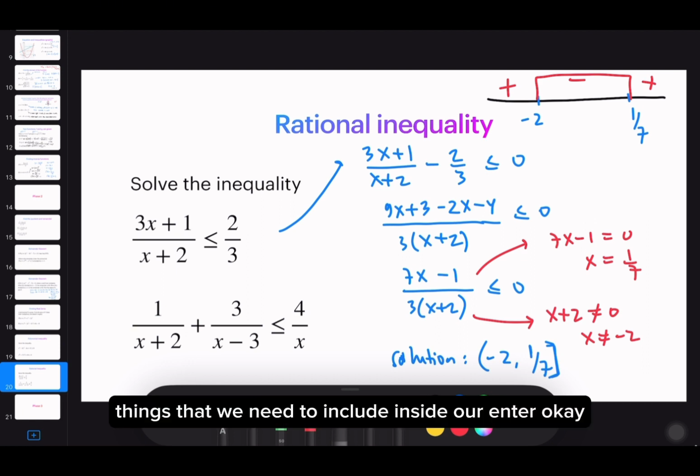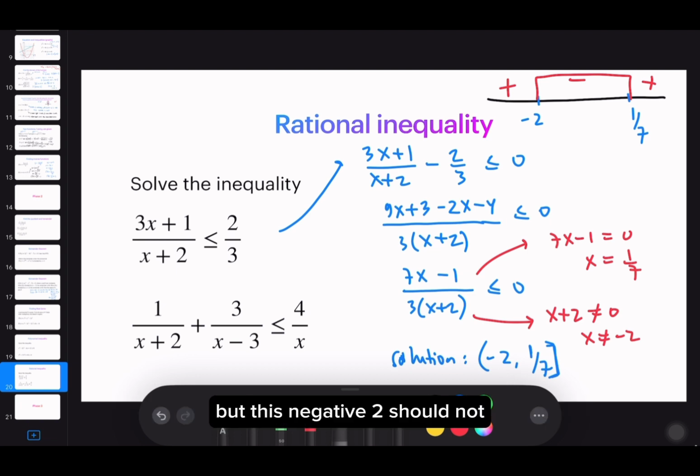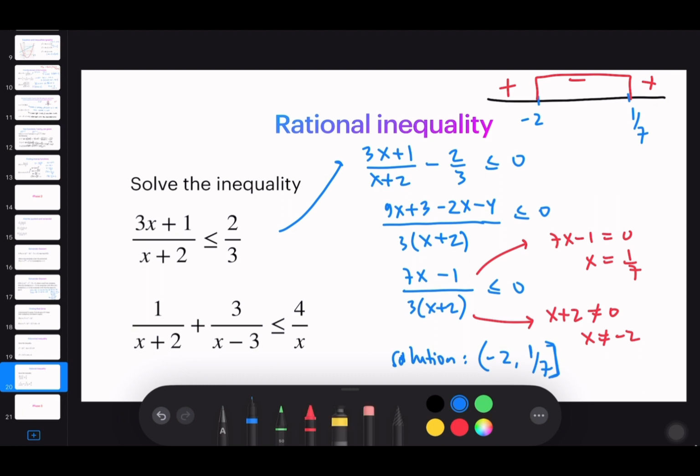Two things that we need to consider inside our interval. That's why we have this. But -2 should not be included because if we put -2, the bottom will be 0. So that's why it is not included.